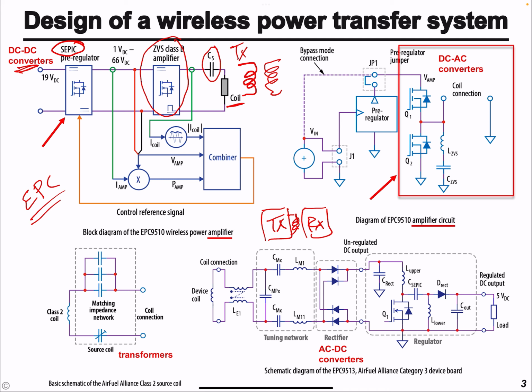The transmitter side feeds the primary side of the coil, and then embedded in the receiver, we have the receiving coil, or the secondary side of the transformer. So basically what drives the primary side is a DC to AC converter.